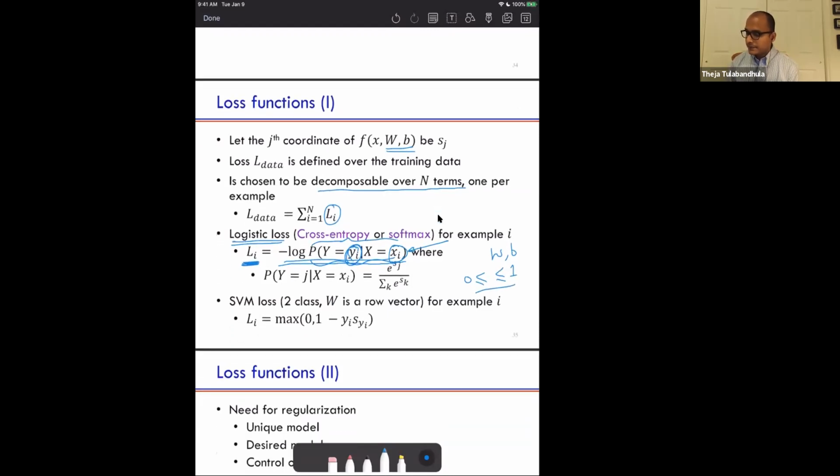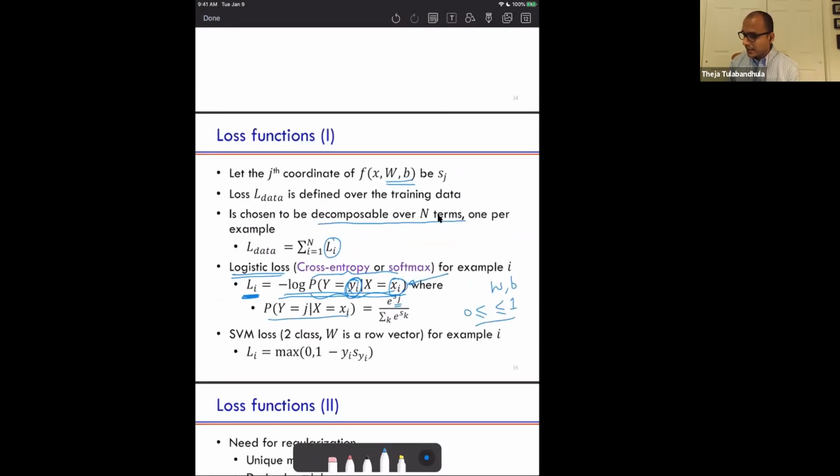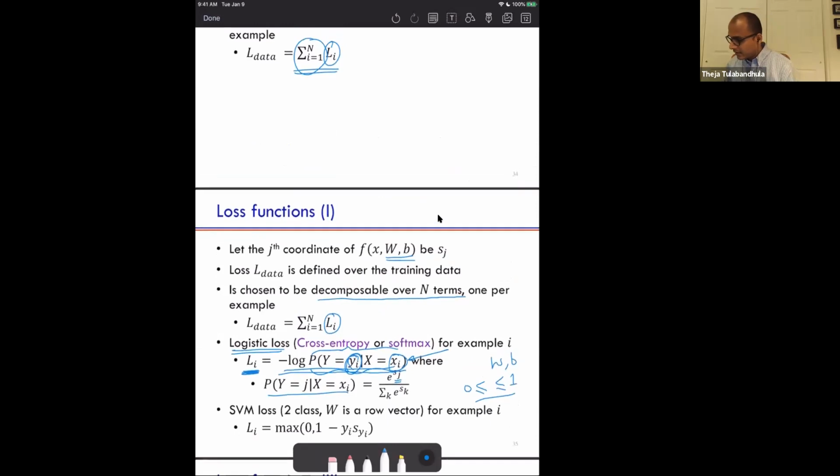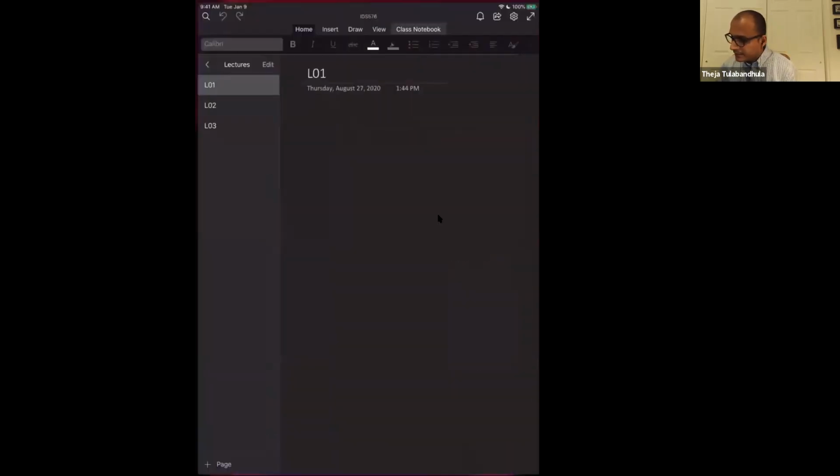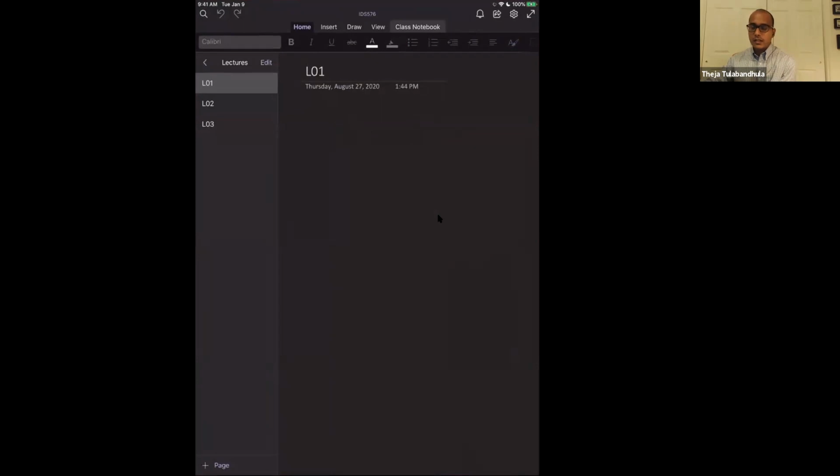And here I'm just showing the relation between the probability values and the scores themselves. So let me write it. All I'm saying is F goes from X, let's say it's 3 cross 1, to a value which is 4 cross 1.